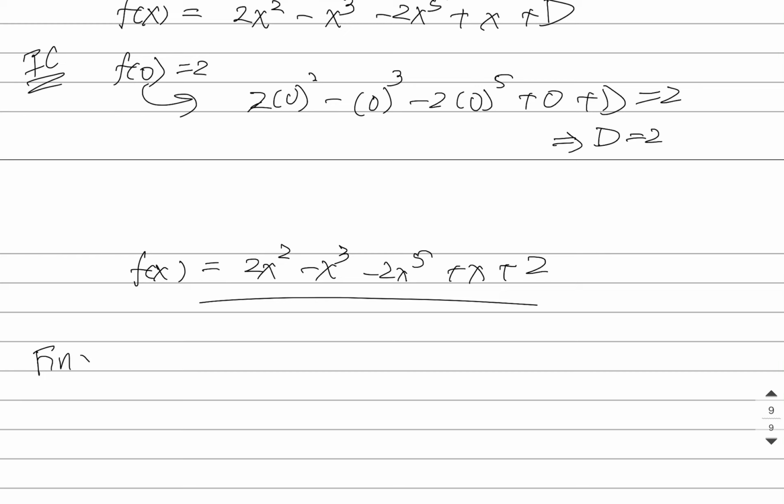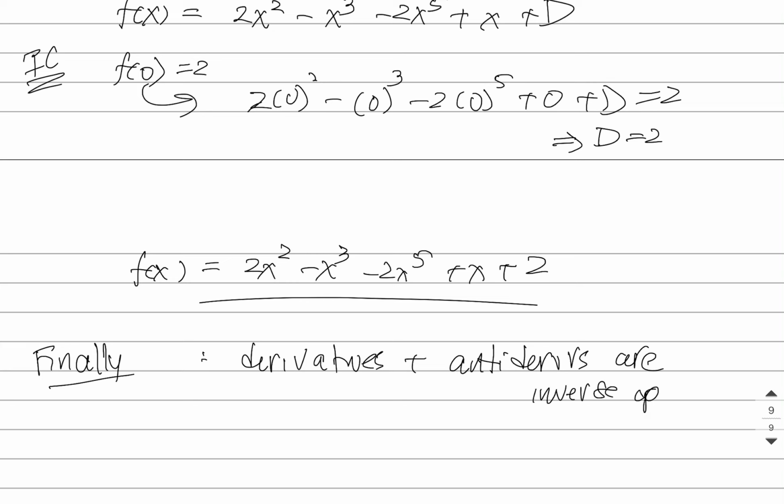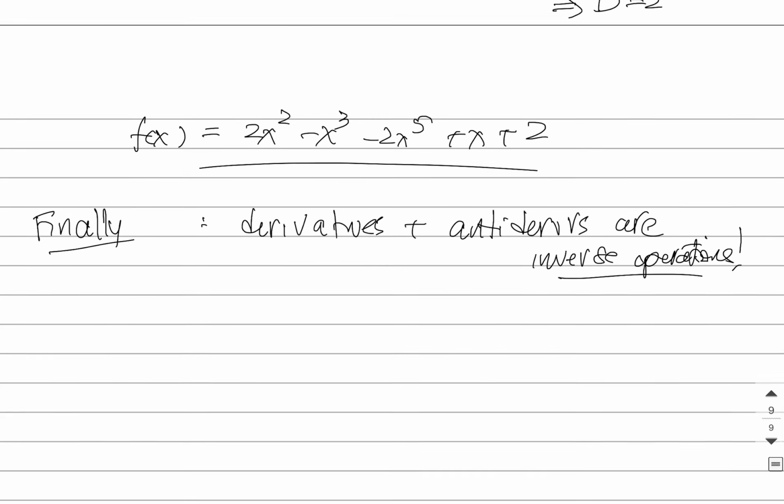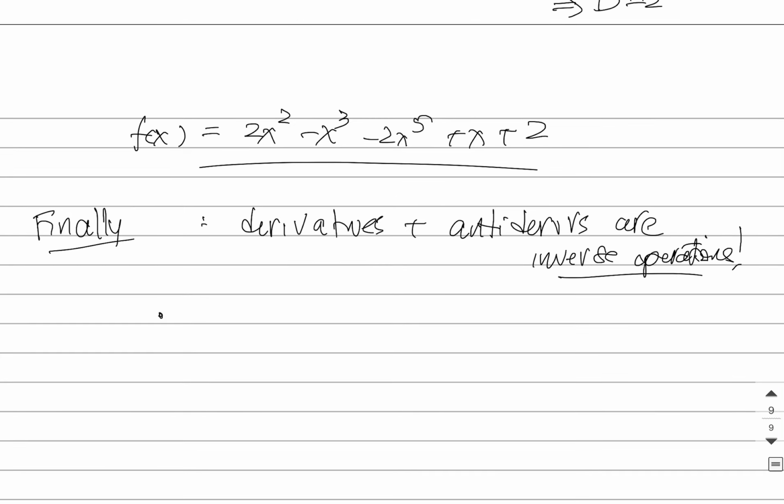Now finally, we can kind of sum it all up. Derivatives and antiderivatives are inverse operations. What do I mean by that? According to the definition of an antiderivative, you should get this.